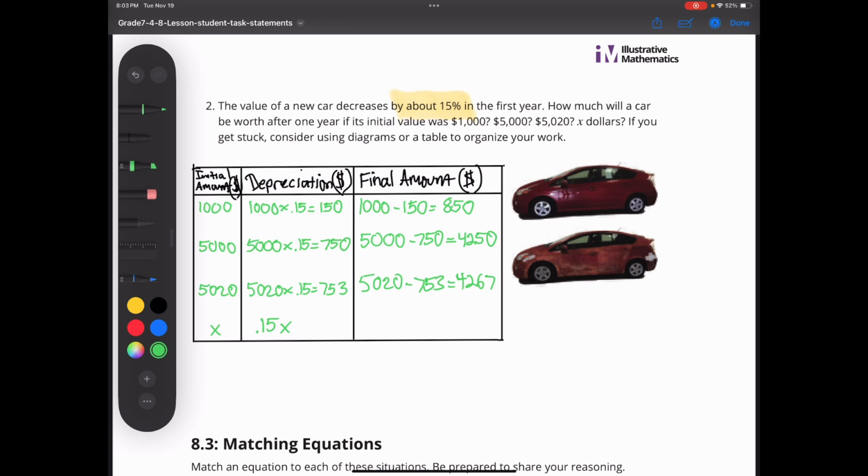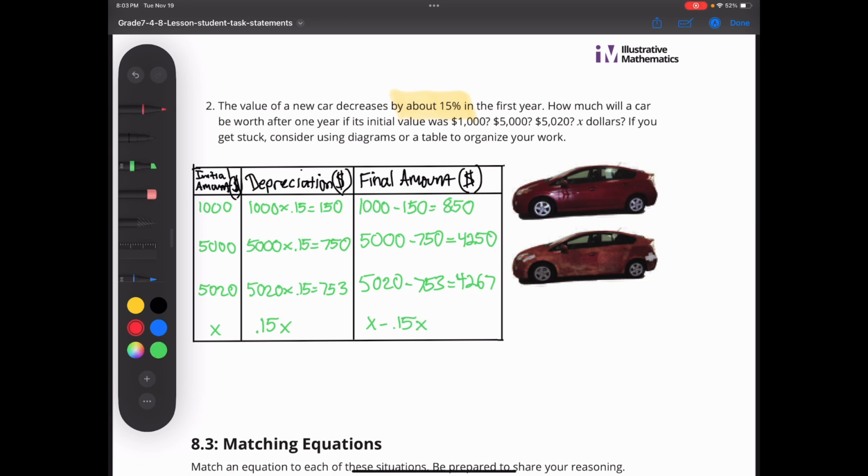So try the X by yourself, because the X doesn't require arithmetic, but it does require you to think about manipulating variables without numbers. So how would you write the final amount if the initial amount was X? Well, you would write the initial amount minus the depreciation, which is 0.15x.